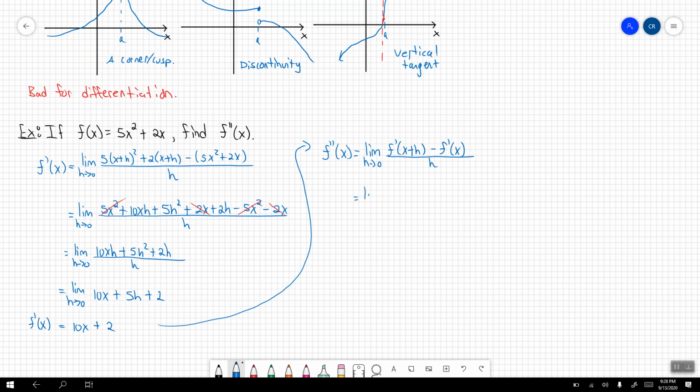And so using this definition once again, I'm going to make my substitutions. Using my function f prime, I'm going to have 10 times x plus h plus 2 minus 10x plus 2, all divided by h.